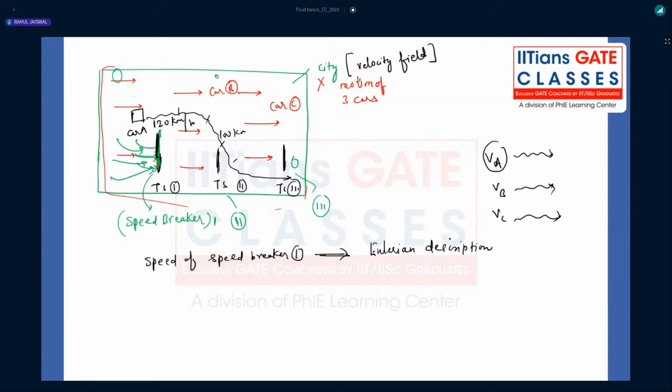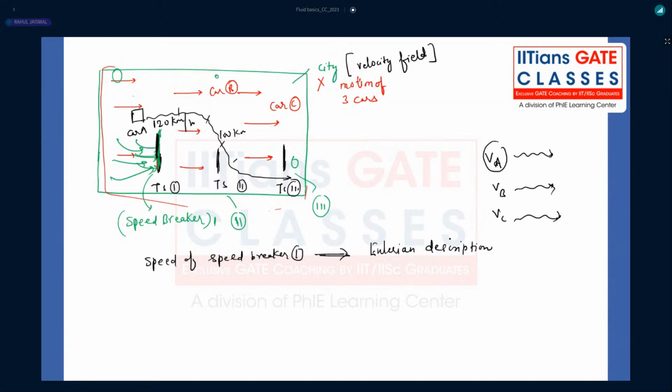But Eulerian description is asking, what is the velocity of the place? Place means a particular point or position in a control volume in fluid mechanics. Is that clear? Because if these things are not clarified, once we start our discussion on flow visualization techniques, you will have difficulties there. All of you getting my point?